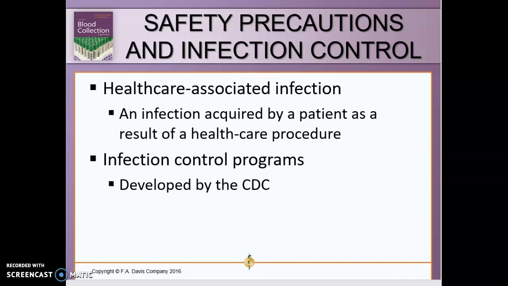So with that being said, it's acquired in the hospital. Infection control groups such as the CDC work to prevent these HAIs. The majority of HAIs are caused by the collector not following the established infection control procedure. So it's very important that you make sure you understand the infection control procedure.